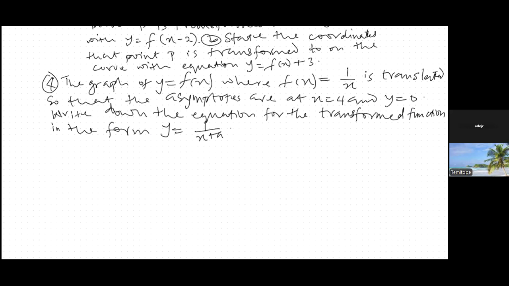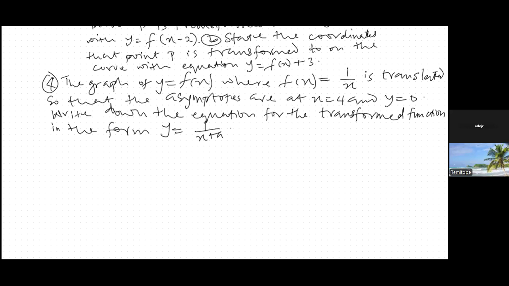In other words, it will be asymptotic when the denominator equals 0. And of course, when you have a rational function, it will be undefined when the denominator is 0. Is that clear?